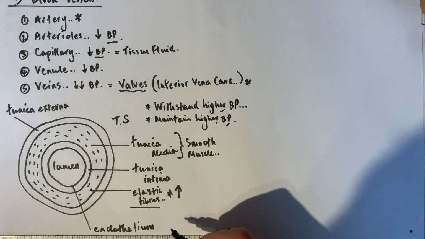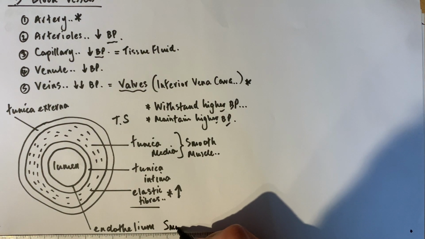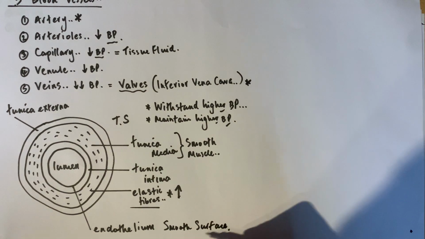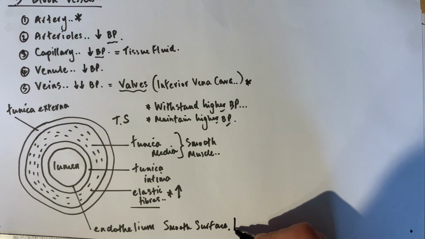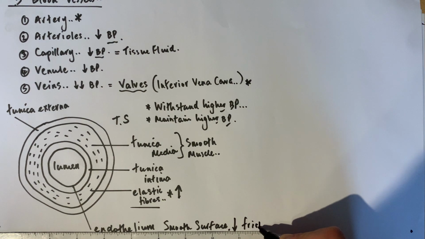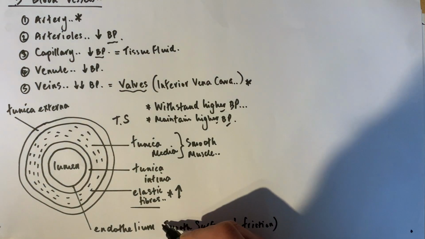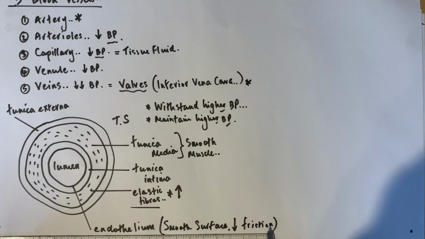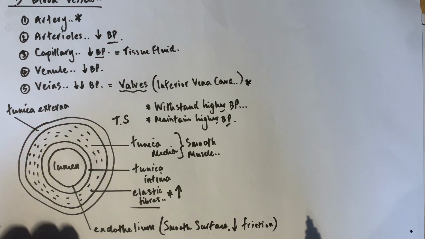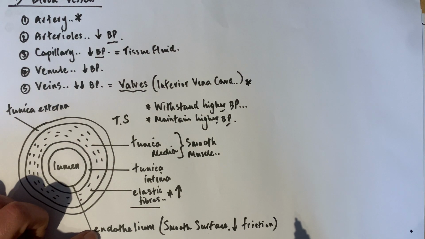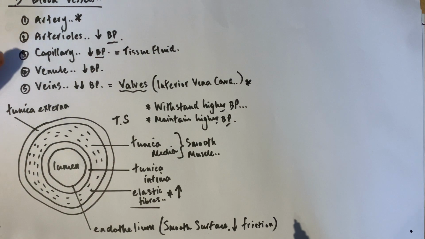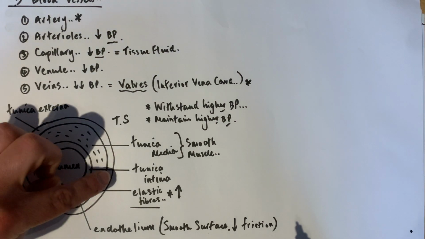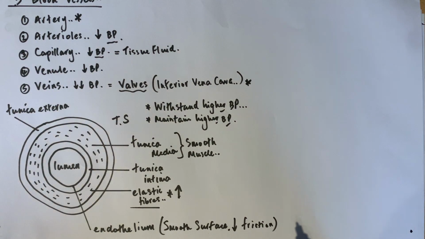Endothelium is a smooth surface which reduces friction between the blood and the inside of the artery. Now, the capillaries are only made of endothelium, whereas the artery is made from the tunica externa, the tunica media, the tunica intima, of which the very inside layer is the endothelium.